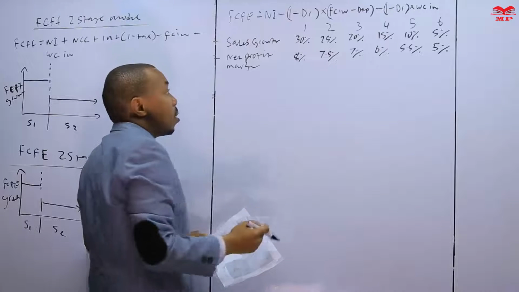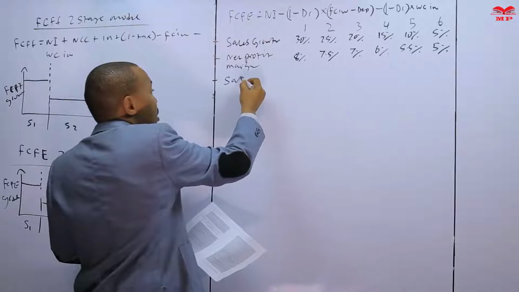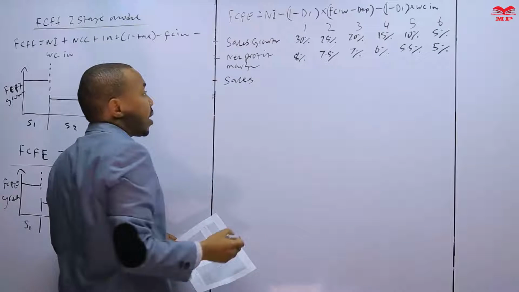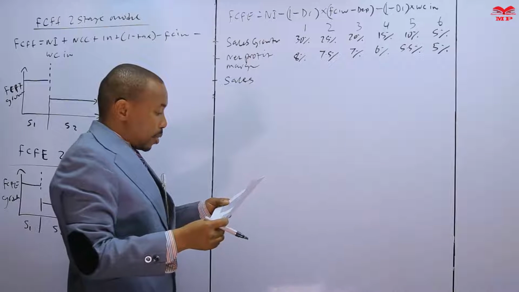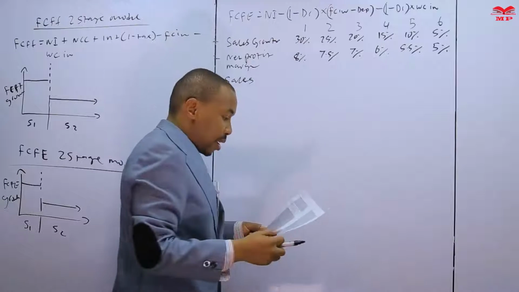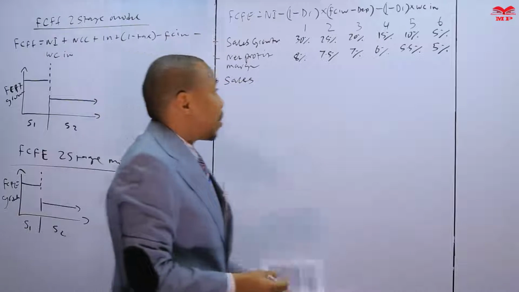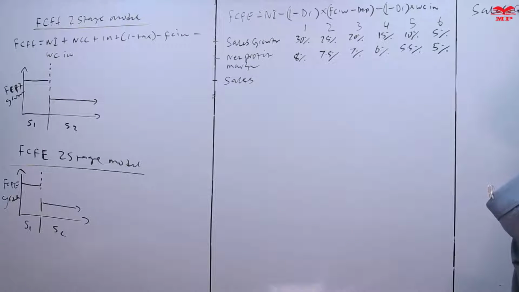If we had another column here, year 0, we have the sales. So we can now include the sales right there. The sales in year 0 is 20 million. However, we have been given the growth rate in sales as being 30%. So what happens? Can we move on to this side? Sales computation.